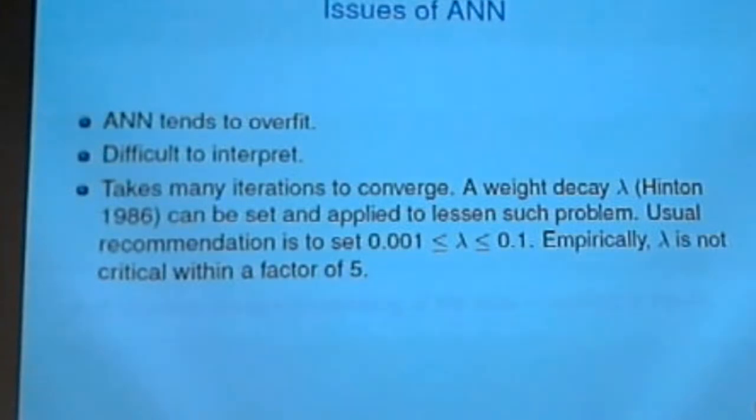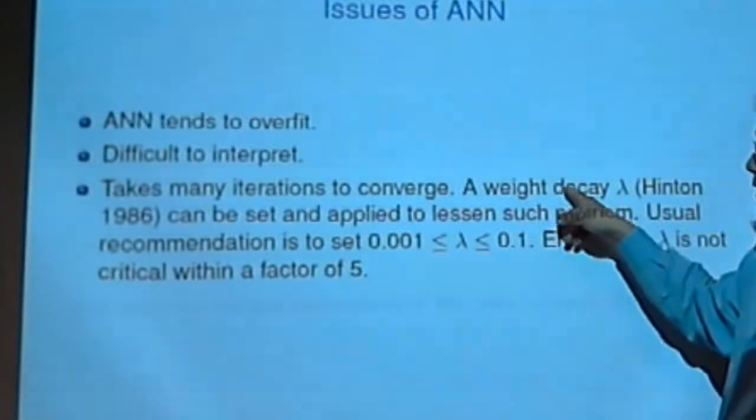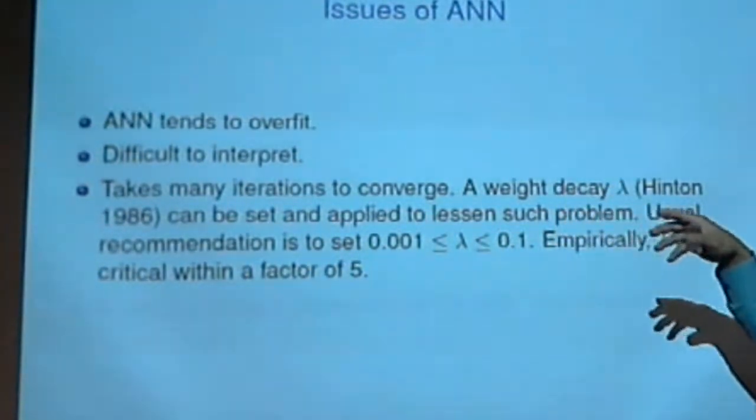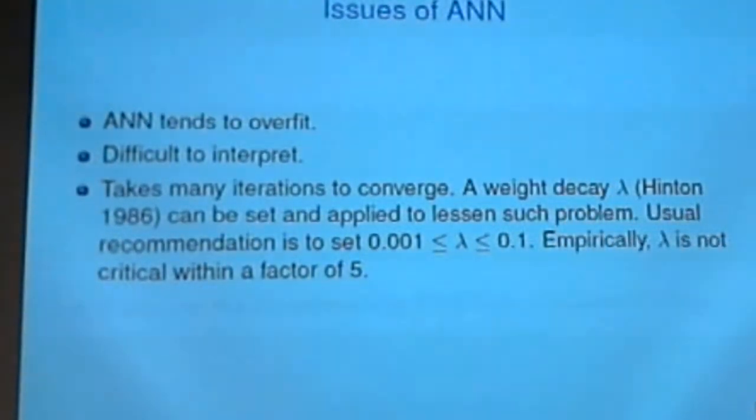Okay? And to lessen the number of iterations to converge, usually they impose a weight decay. Okay? And usually the range for weight decay is between 0.001 and 0.1.